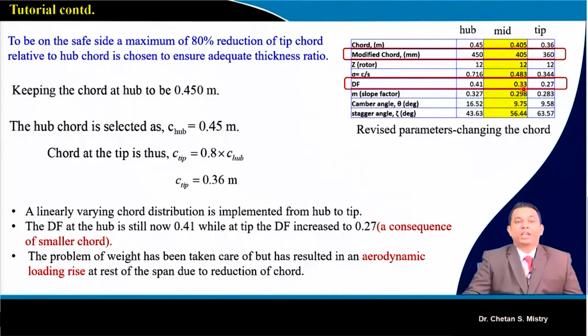So basically, in order to address the issue because of weight, we have modified our chord, but at the same time that is creating trouble in terms of aerodynamic loading, and that is the reason we now need to address this particular issue. Let's see what is happening.